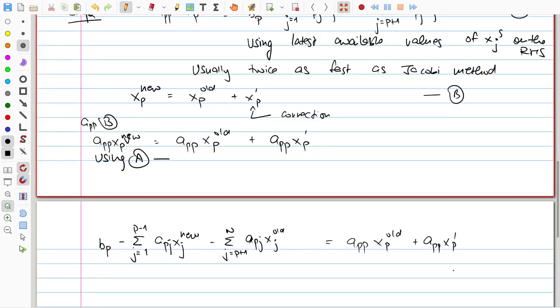Right? And now I will move this term to the left hand side. That allows me to write the expression for xp prime. So, I am trying to calculate the correction here for this Gauss Seidel method.